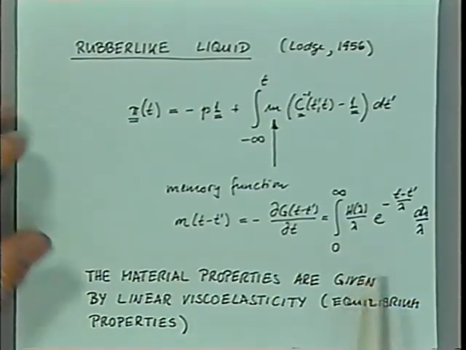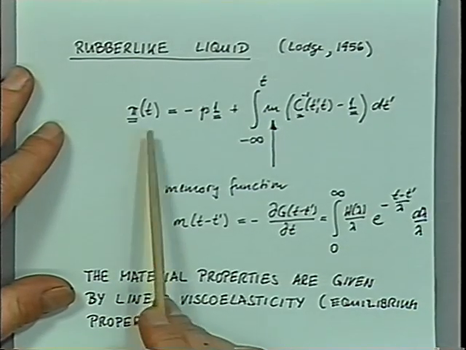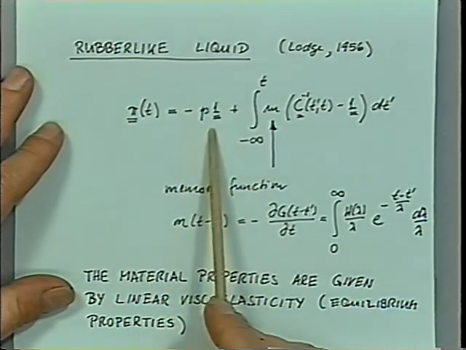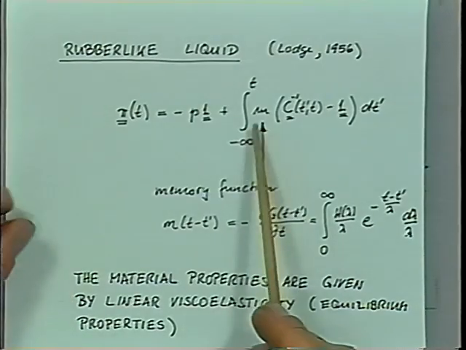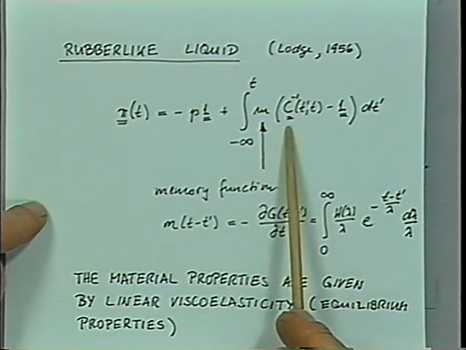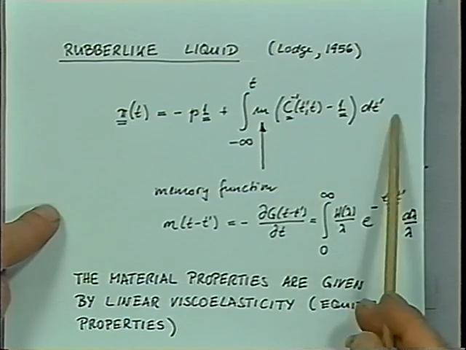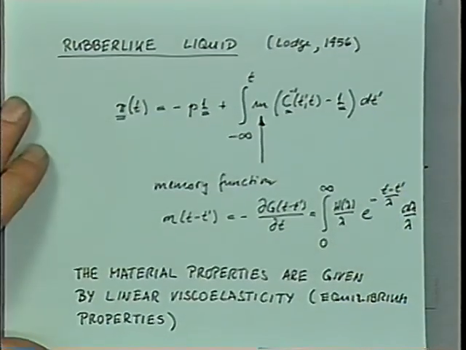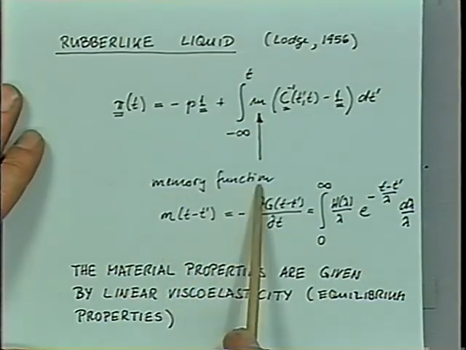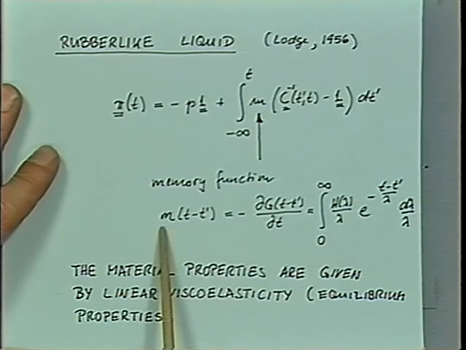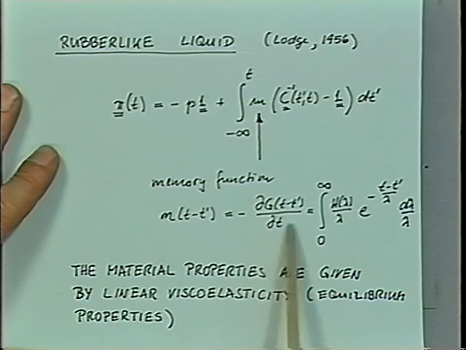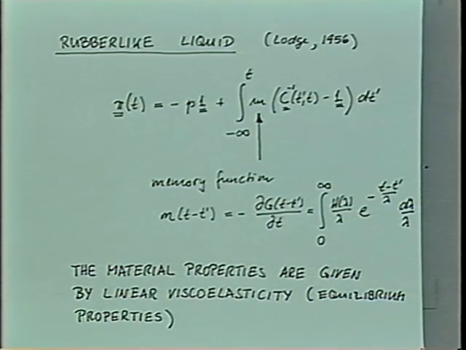And this intermediate behavior is given here. The stress is given by isotropic contribution plus the memory function times the Finger strain tensor, and he doesn't have the Cauchy contribution here. There's only one material function, which is the memory function, and that's given by the time derivative of the relaxation modulus.